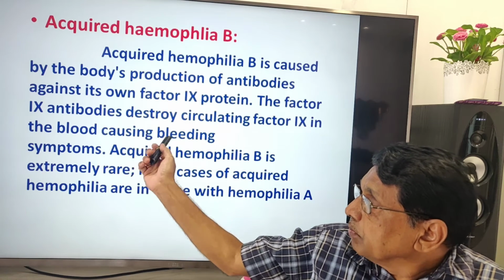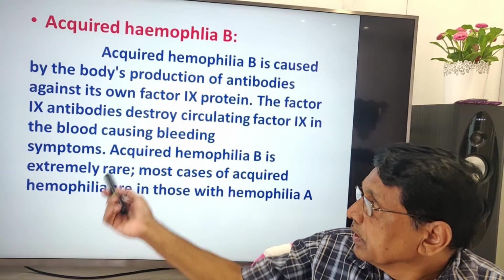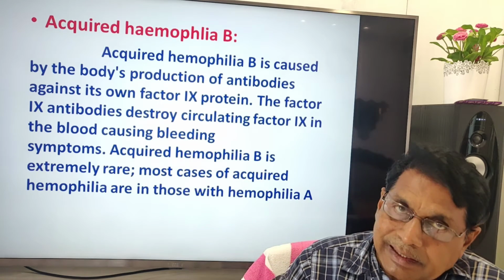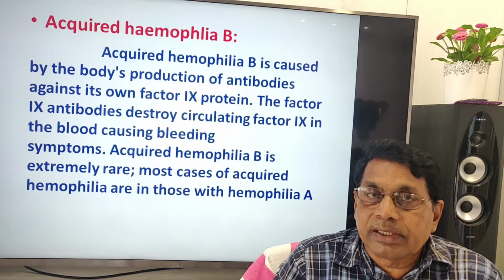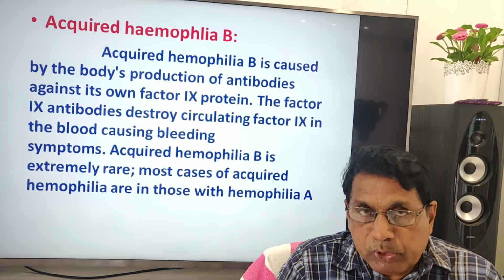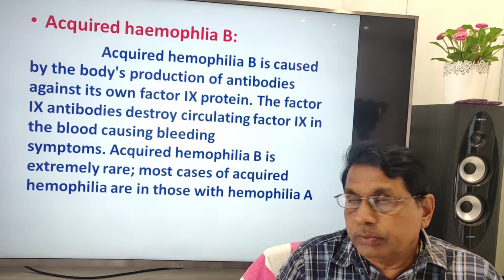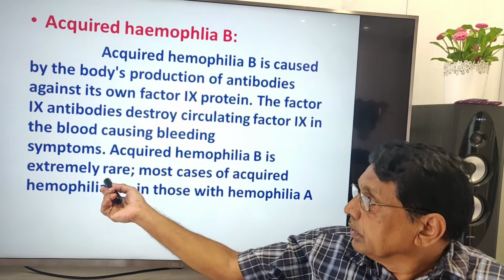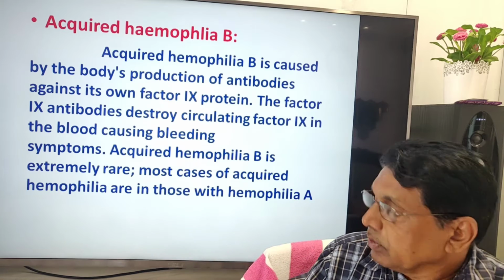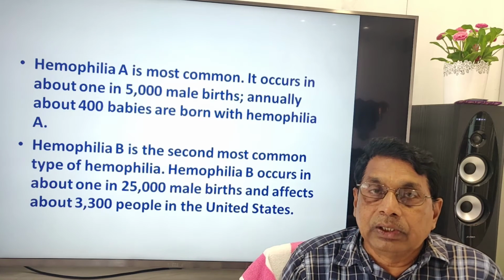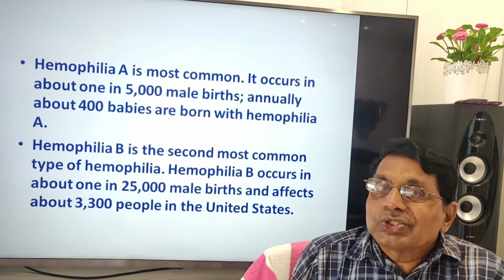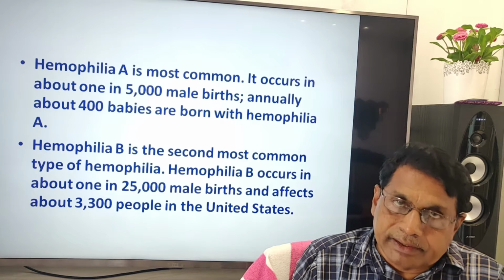Clotting is impaired, causing bleeding. Acquired haemophilia is an extremely rare autosomal disorder. It is an autoimmune disorder. Most cases of acquired haemophilia are Haemophilia A. Haemophilia A is the most common disorder.